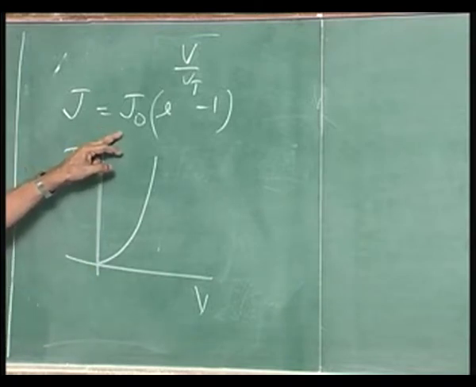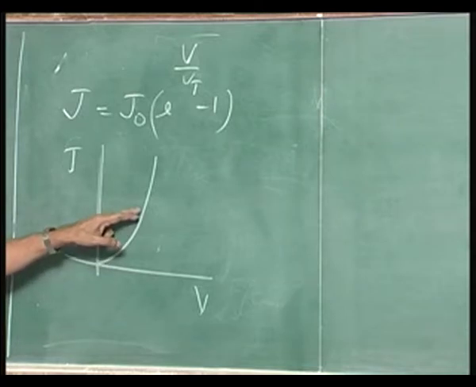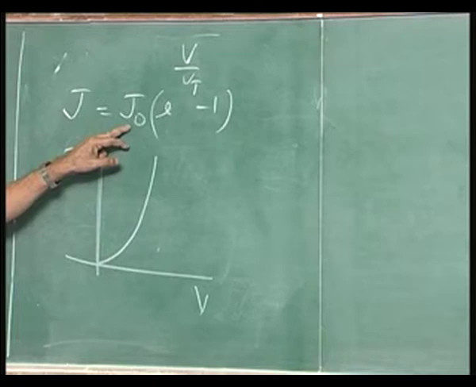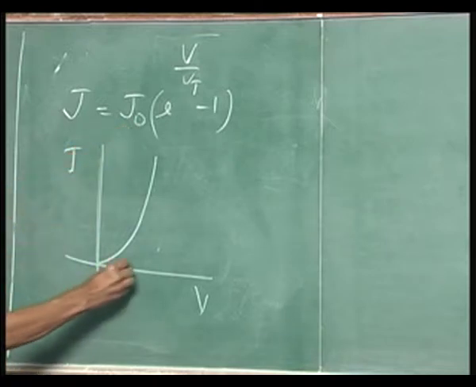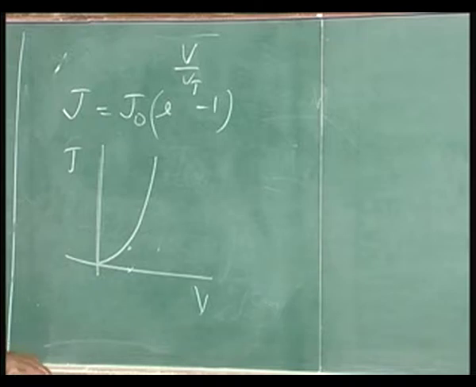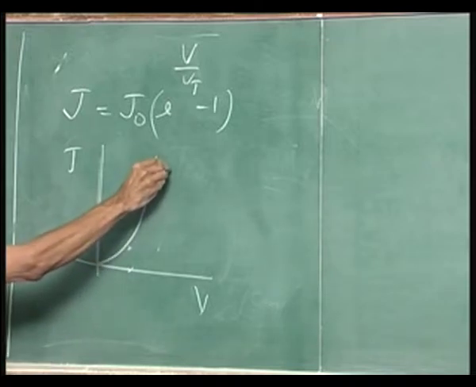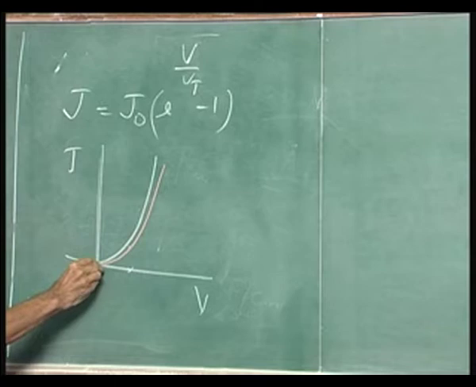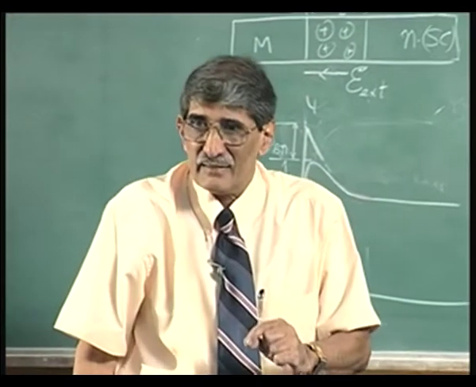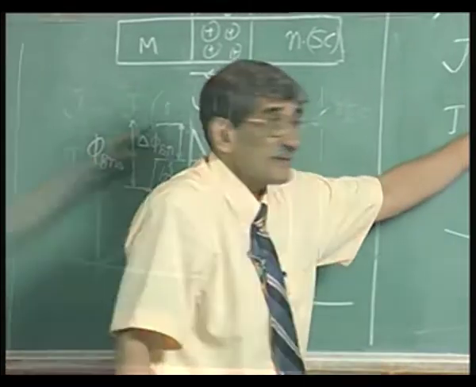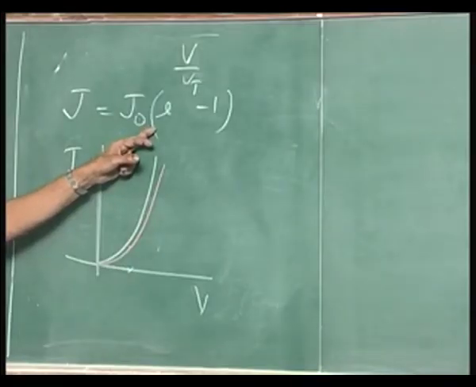But if J0 keeps falling as I increase the forward bias, because the peak electric field is falling, then for a given voltage this current will be lower. So, you will get a current which is slightly lower throughout. Strictly, it will slightly deviate from this particular curve, from the ideal exponential.